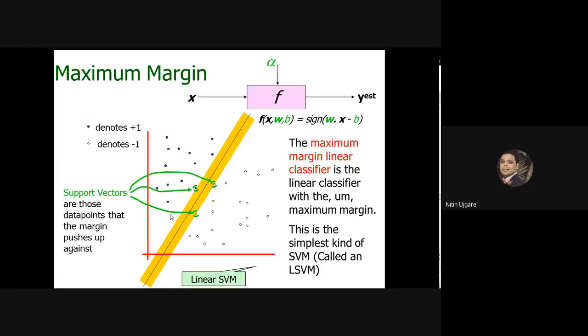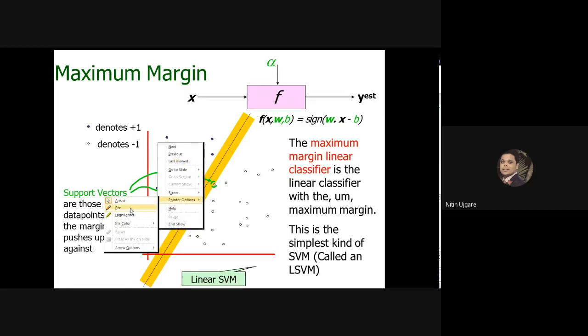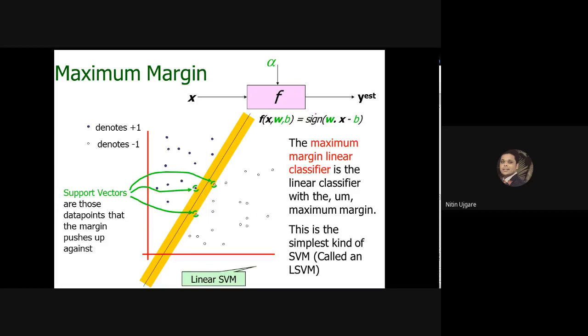It is represented by three characteristics: one is the decision boundary, another is the support vector, and the third is the margin. First we'll see the decision boundary. This black solid line represented here is called the decision boundary.